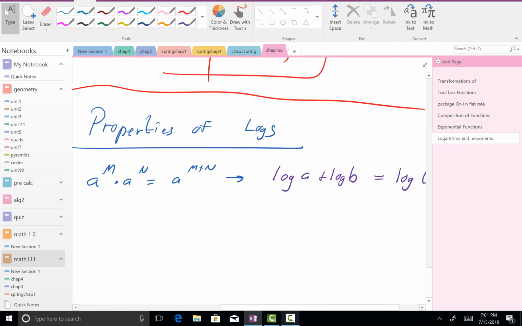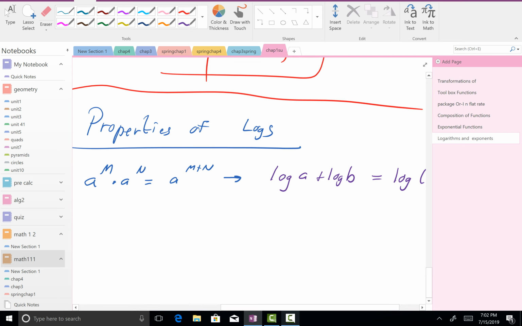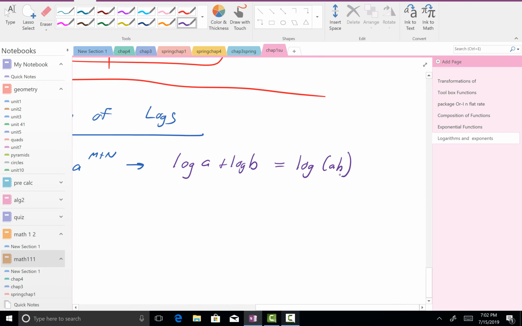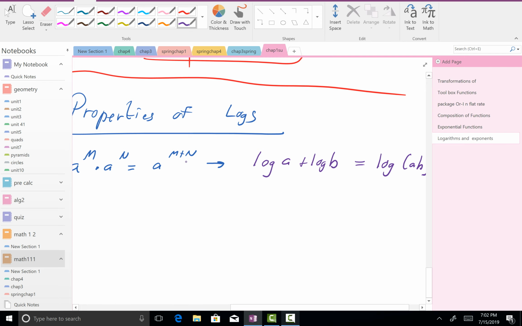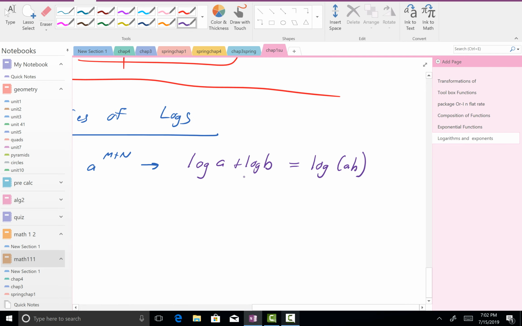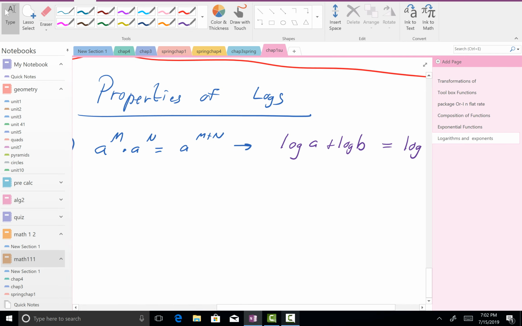Notice that when we multiply two exponential terms, we add the exponents. Here, when we multiply two terms inside a logarithm, we split it and add those two logs. So they're related in that respect. Multiply, add. Multiply, add.